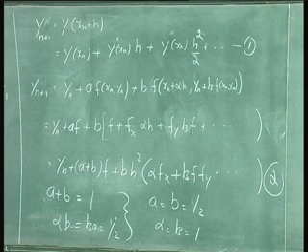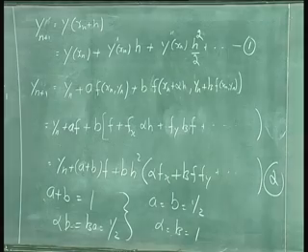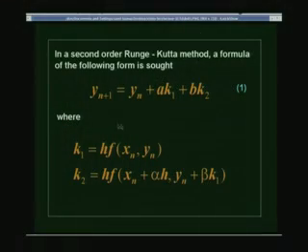So that's what we have done in the last class, and I will just summarize that here. Basically, I take this expansion, this equation, which is our solution, and expand the left hand side and the right hand side independently. That is, yn plus 1 is y at x plus h, which I can expand using a Taylor series, and I can also expand the b k2 because k2 is this term, which I can also expand around x and yn.